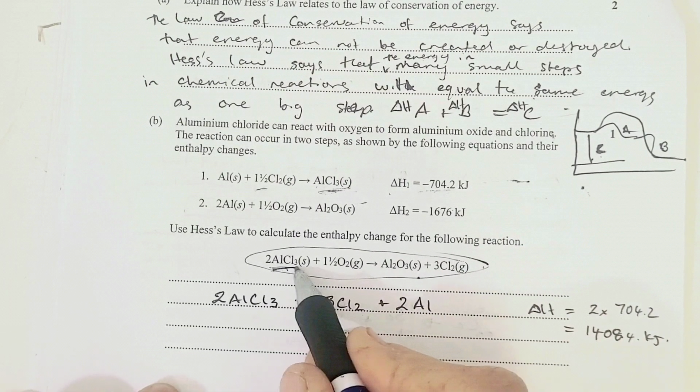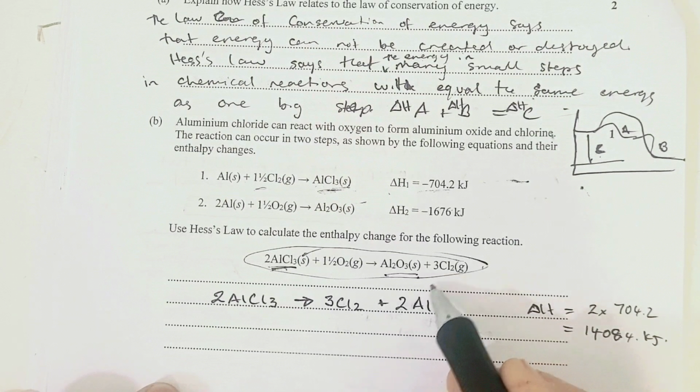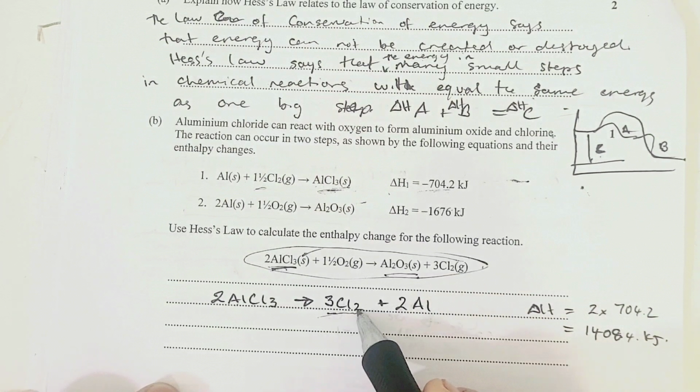Now we've got that. We just have to end up with Al2O3 because we've already got the chlorine.